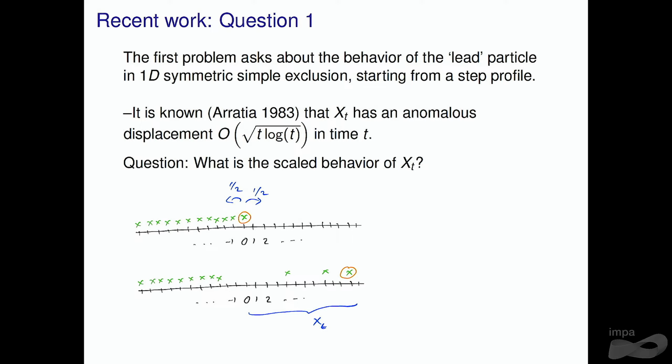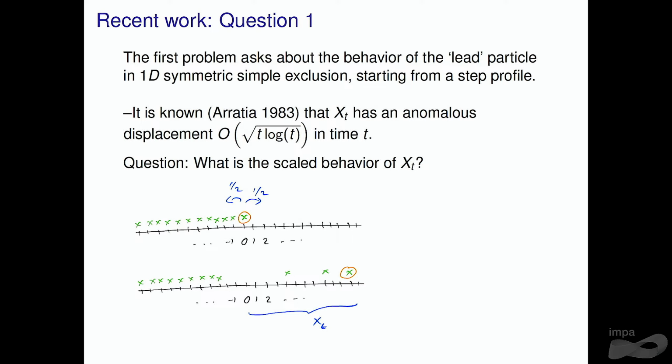One problem would be, if you start from this initial condition, let's consider the symmetric evolution. You see already there's something kind of curious here, because even though the jumps are symmetric, because of the exclusion, this particle could never get below 0. Right, the step extends all the way.